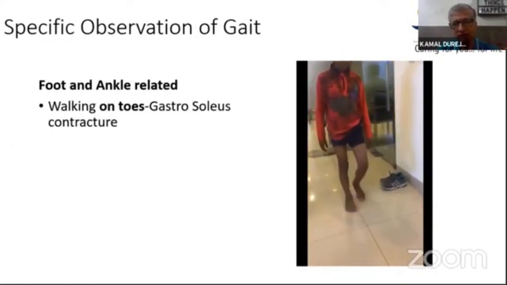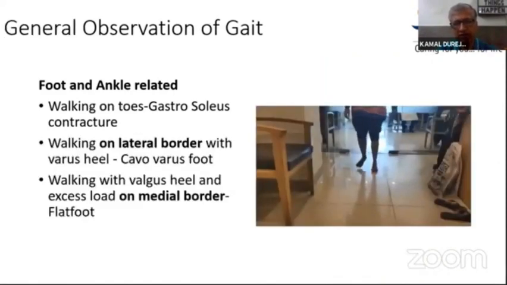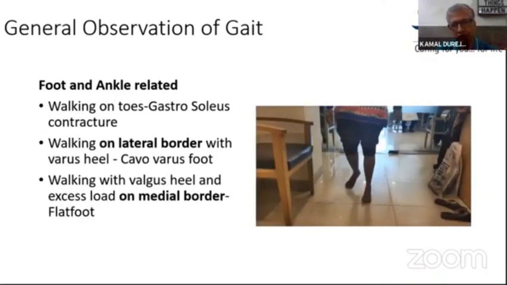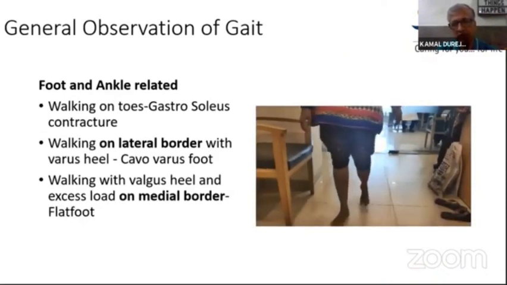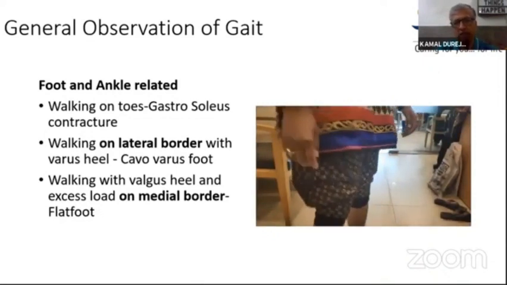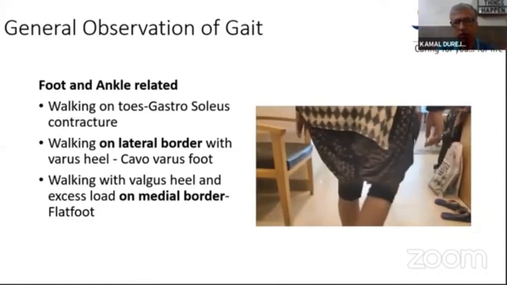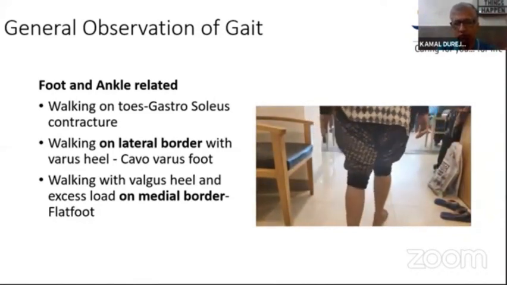This is typical of gastrosoleus contracture or equinus. Similarly, if you watch this lady, she is practically walking on the lateral border of the foot on the left side, which is due to the cavovarus foot. Similarly, a patient with a valgus heel and flat foot will be walking, putting more load on the medial part of the foot.